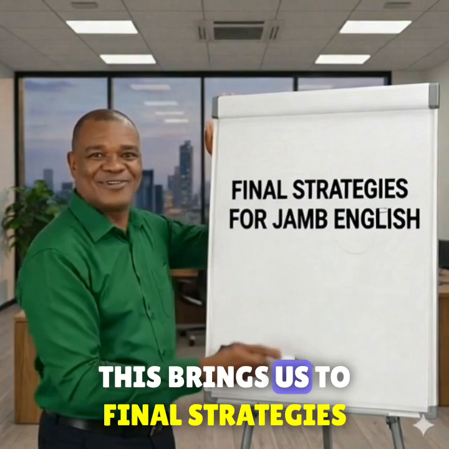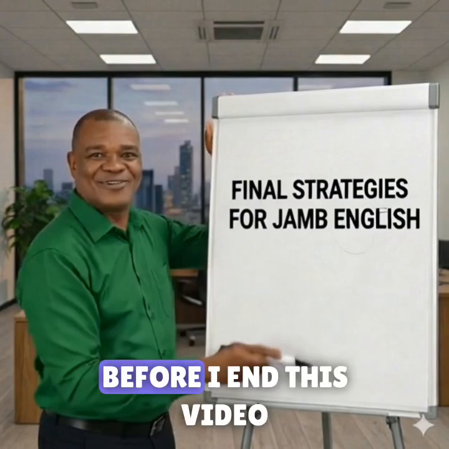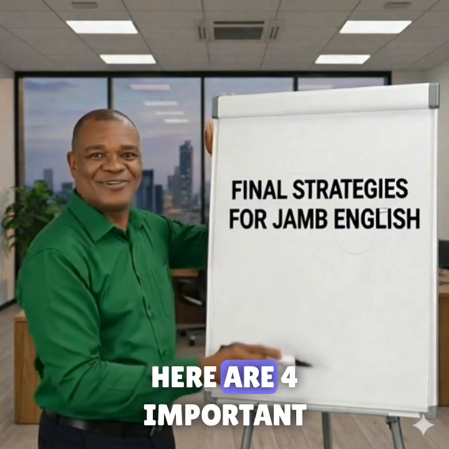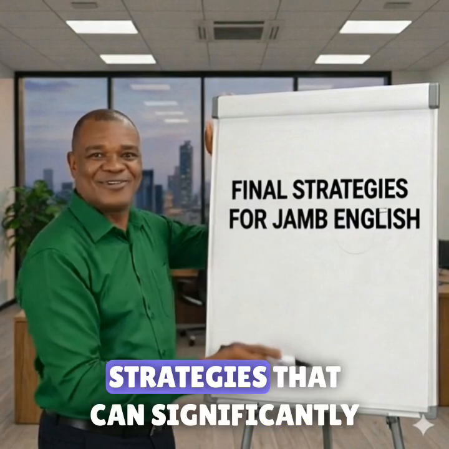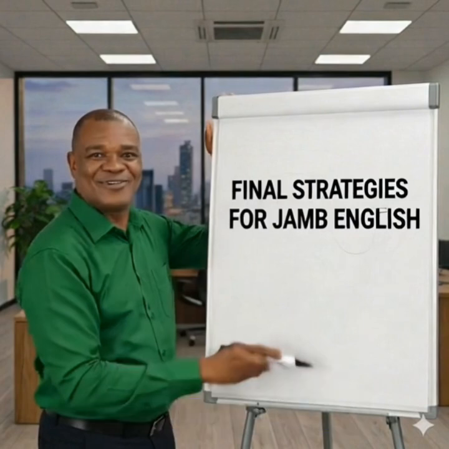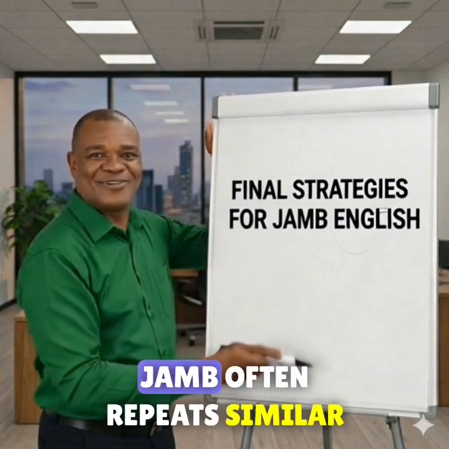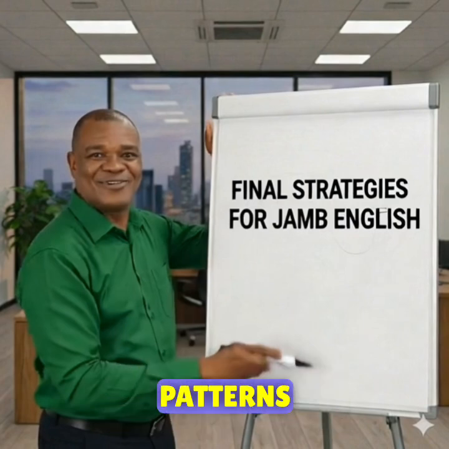This brings us to final strategies for JAMB English. Before I end this video, here are 4 important strategies that can significantly improve your score. First, practice past questions regularly. JAMB often repeats similar patterns.